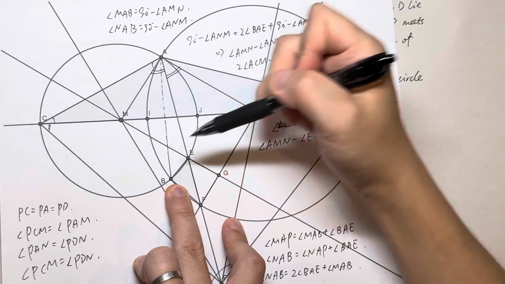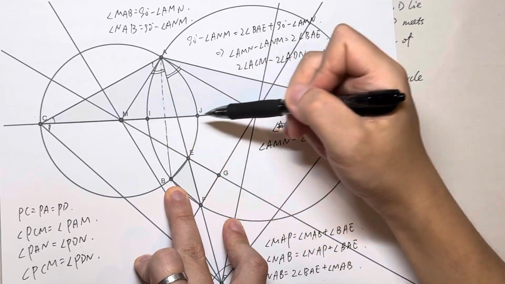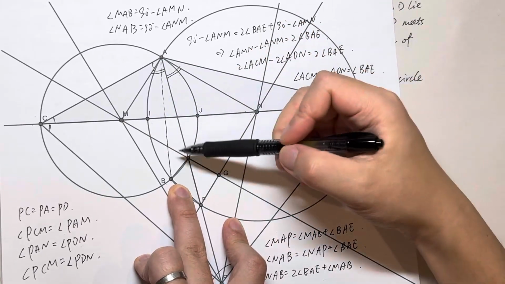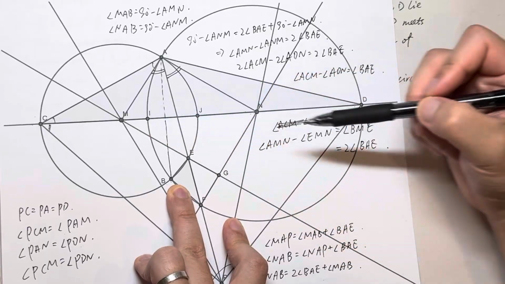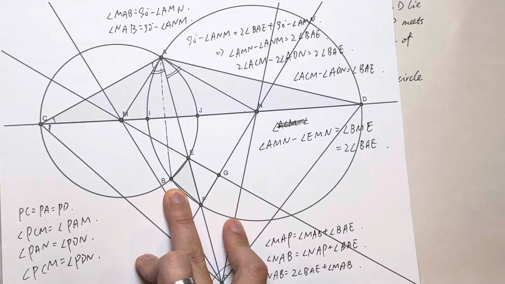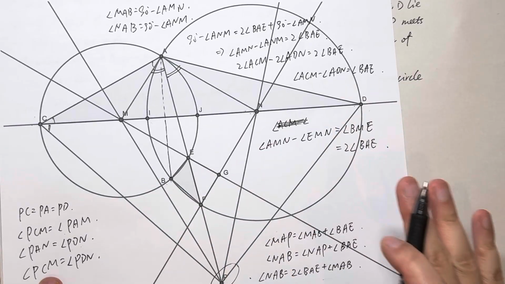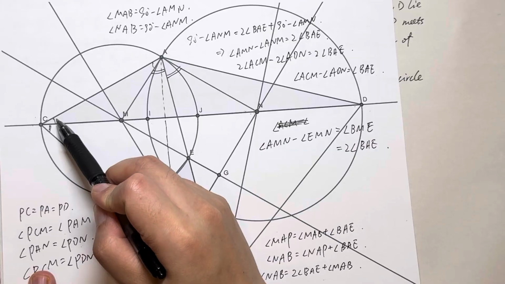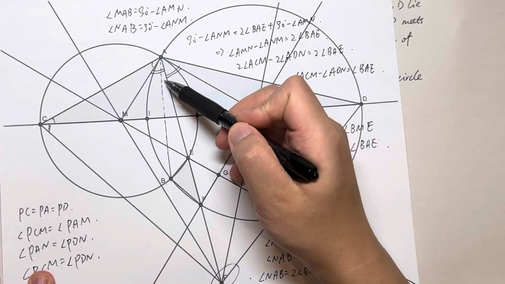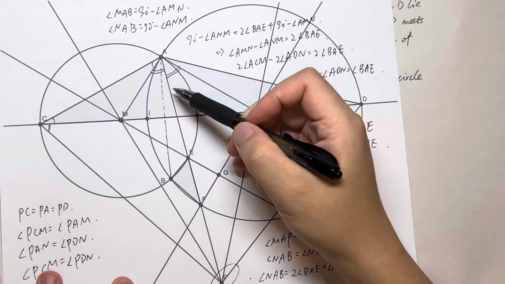So the angle AMN, which is angle BMN, minus angle EMN equals angle BME, which is twice angle BAE. Okay, so basically what we get from here is that this angle minus this angle equals this one. Okay, equals this one.